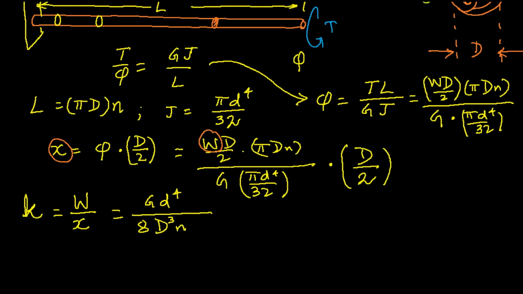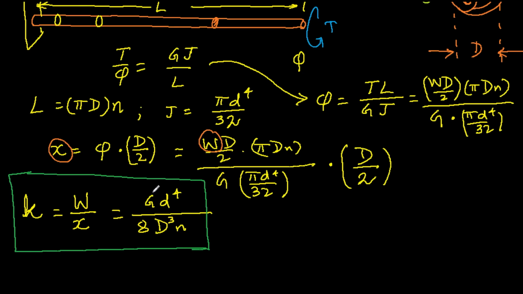So this is the stiffness in terms of the material property, the wire diameter, the coil diameter, and the number of coils.